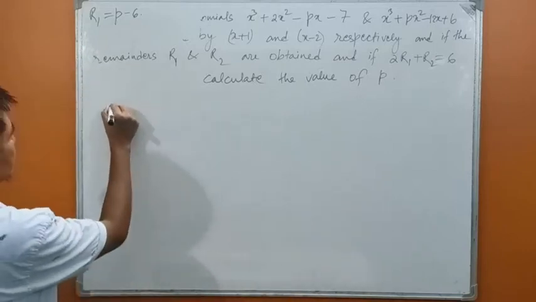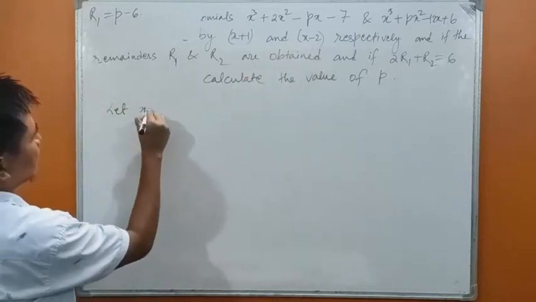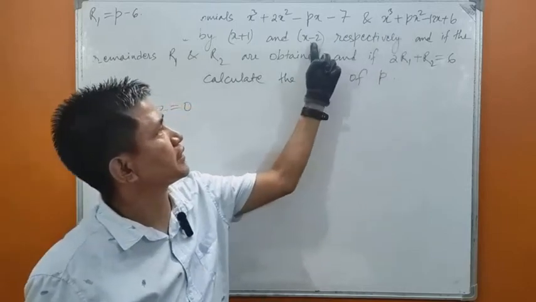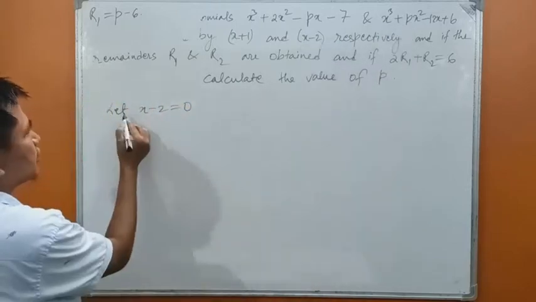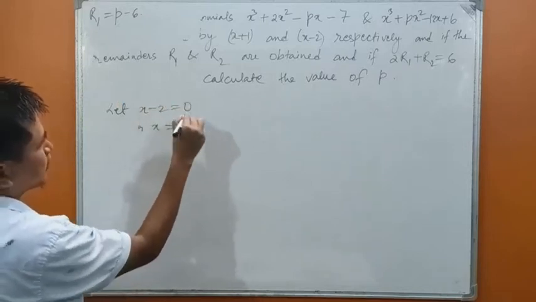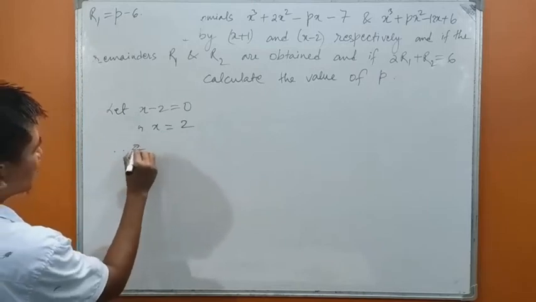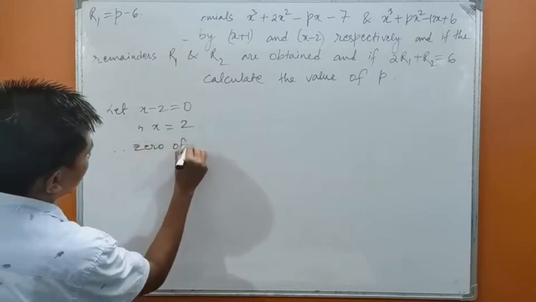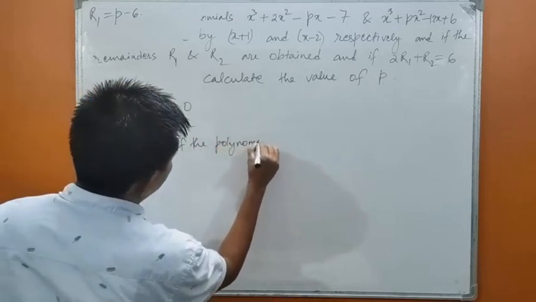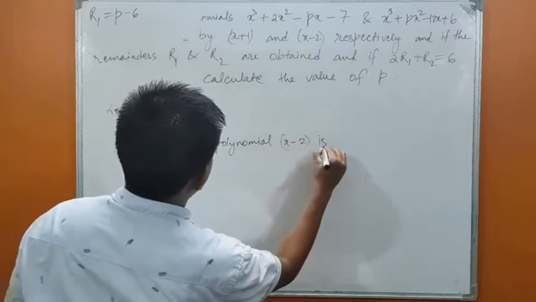Let x minus 2 equal 0, because we are dividing this expression by this and finding the remainder. So let x minus 2 equal 0, or x equals minus 2 taken to the right hand side becomes plus 2. Therefore the zero of the polynomial x minus 2 is 2.